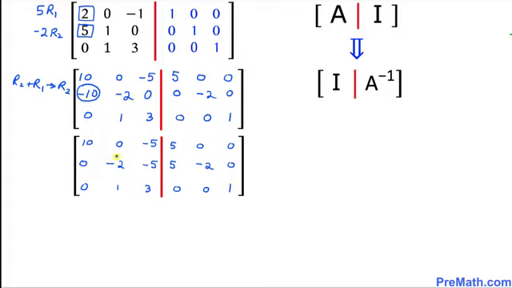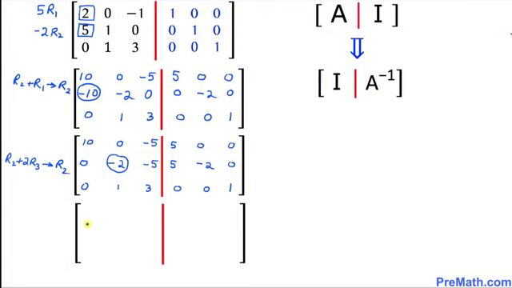And in the next step, we are going to make this -2 a 0. In order to make this -2 a 0, I am going to multiply 2 times R3 plus R2 and put it back in row 2.